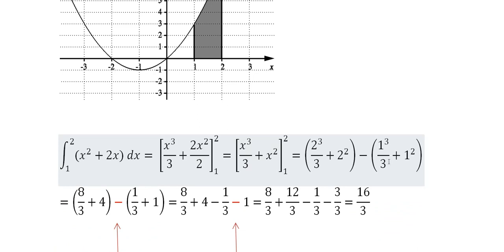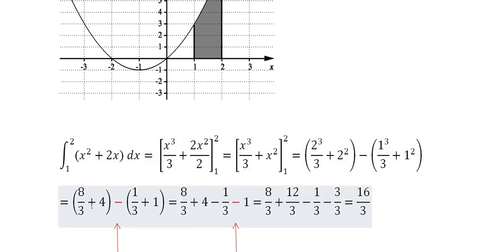So let's simplify this part a little bit. We see that this is going to be 8/3 plus 4 minus the whole thing, and this is 1/3 plus 1.